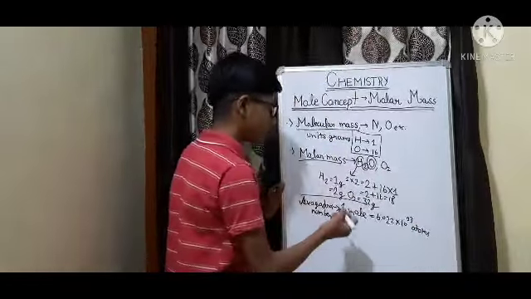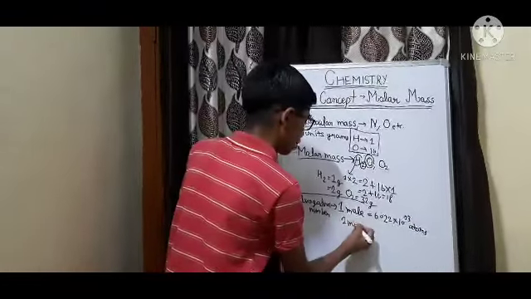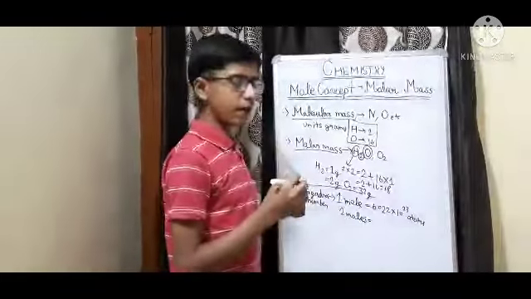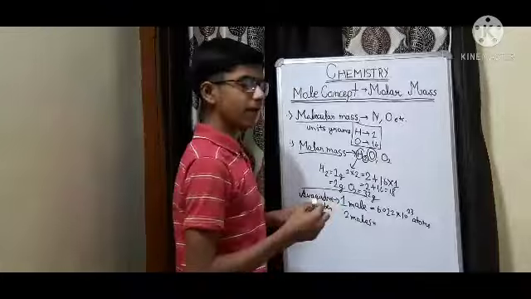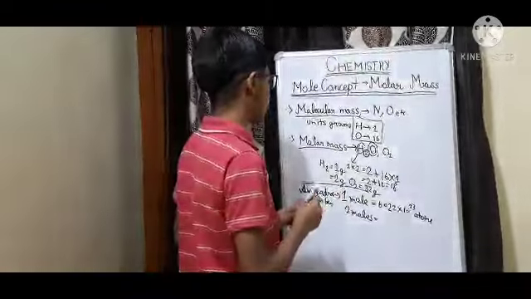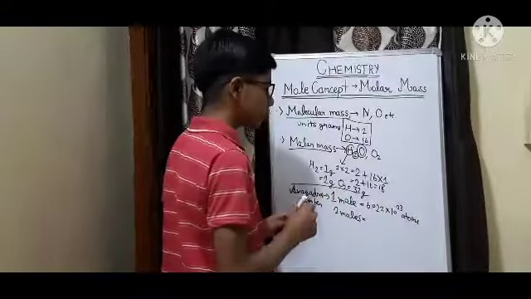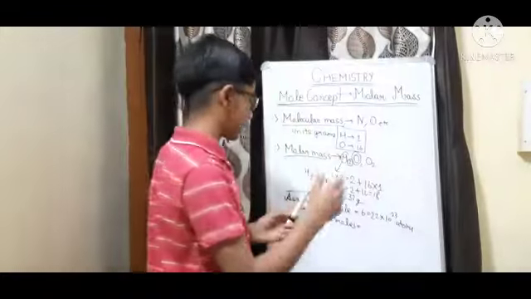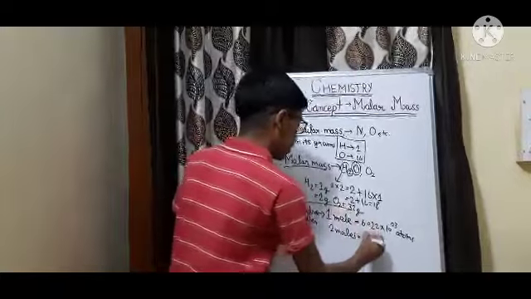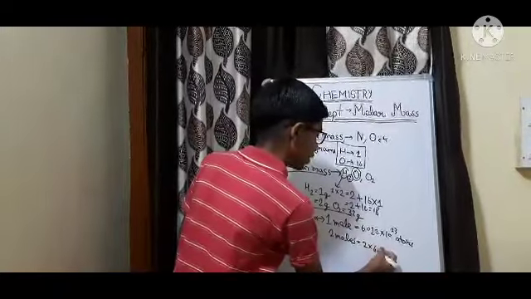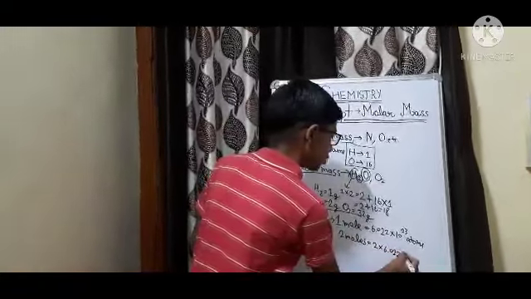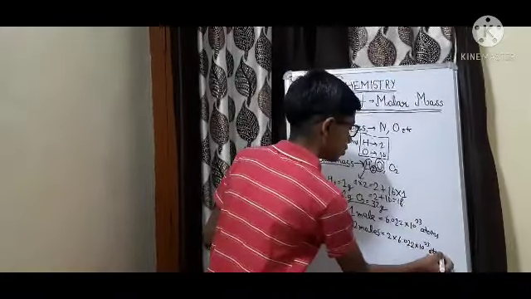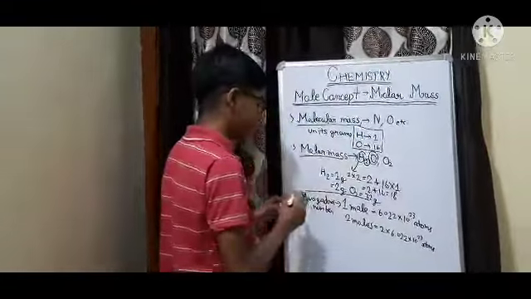For example, if 2 moles are there of any atom or molecule, and they ask what is the value of those 2 moles in atoms, we will use Avogadro's number here: 2 into 6.022 into 10 raised to power 23 atoms. So this is the value of Avogadro's number.